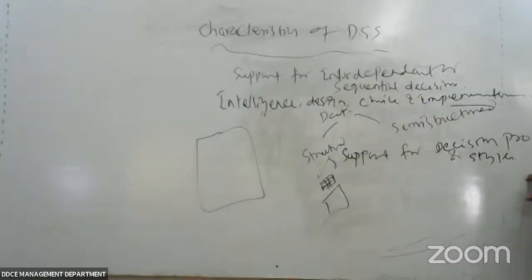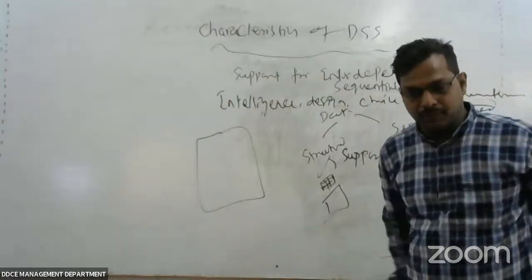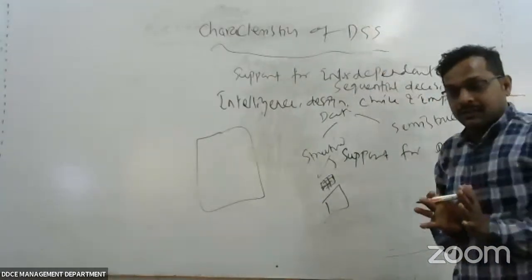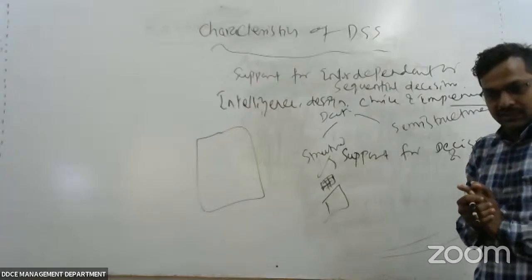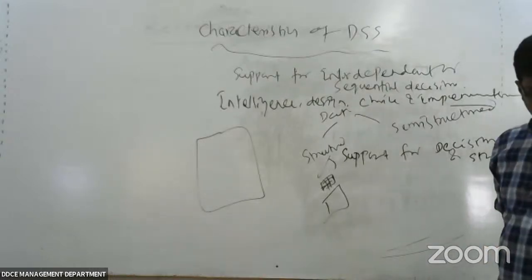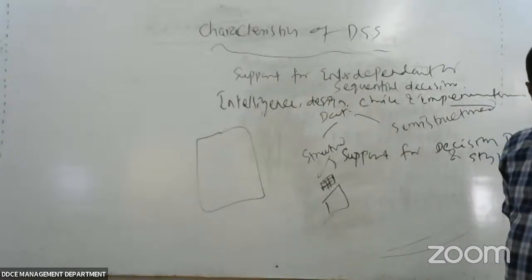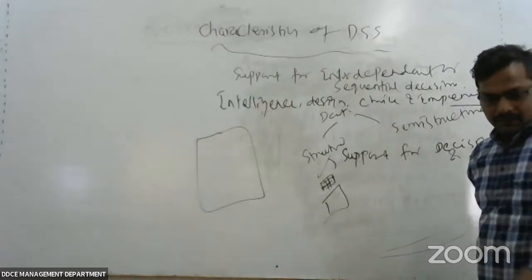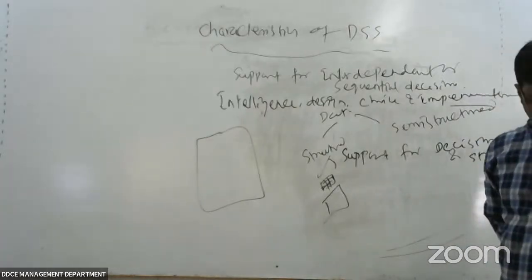Support for decision processes and styles means different types of processes. First of all, we have to analyze what processes are present here. So that is support for different types of decision processes and styles, because this is part of the enterprise application part.